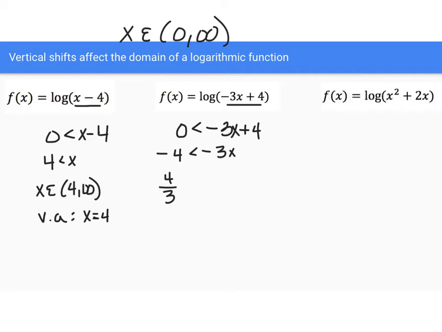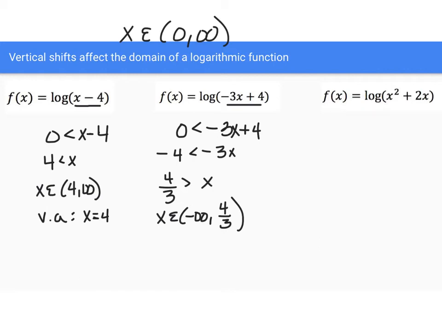And remember, when you divide by a negative, you flip the direction of your inequality. So what this actually means is that you would have a graph that has been reflected over the y-axis, and your domain would be from -infinity to 4/3. And your graph would be completely isolated to the left of your vertical asymptote.